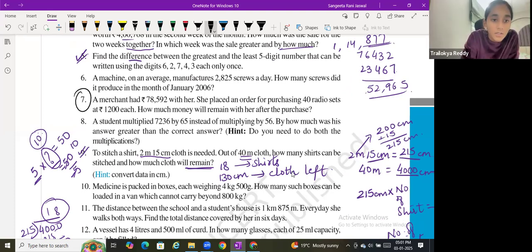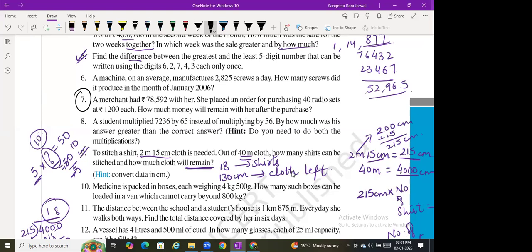A merchant had rupees 78,592 with her. She placed an order for purchasing 40 radio sets at rupees 1,200 each. How much will remain with her after the purchase? So what is asked in this question?